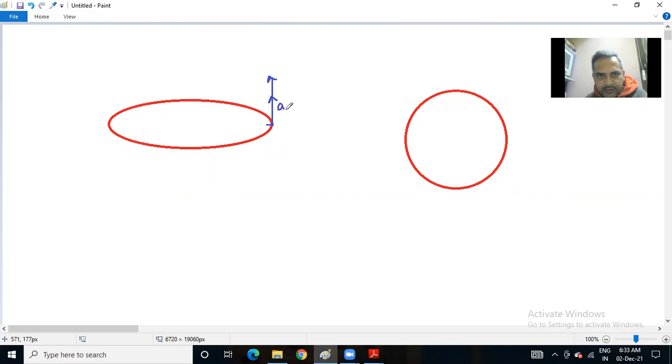We get that this is AT, tangential acceleration, due to change in the magnitude of velocity. In the same direction, there is tangential force. When the particle comes here, this is the direction of AT. In the same direction, there will be tangential force. So when the particle is here, there is also one more force towards the center. It is centripetal force, and in the same direction, there will be centripetal acceleration. When the particle is here, this is AC, and FC.